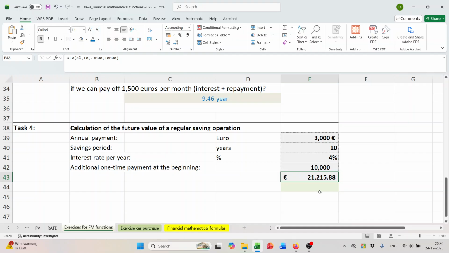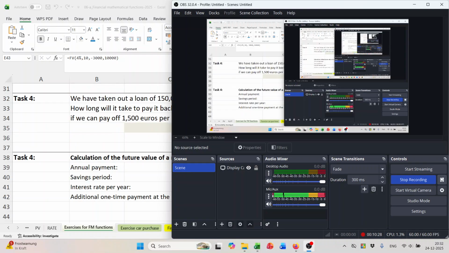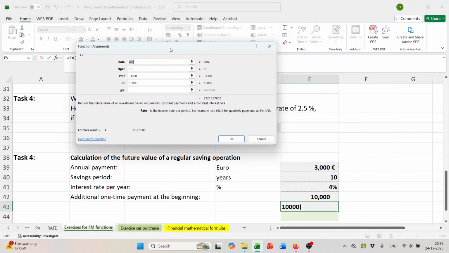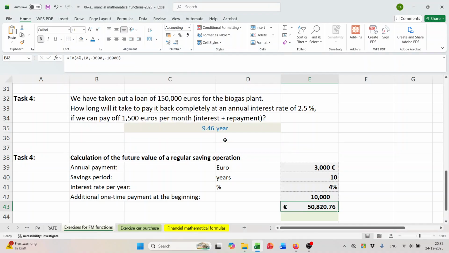Okay, so after 10 years there will be... and also the present value, this 10,000 euro, we had given it to the bank, so this money has gone away from us, so it should be minus also. So this will be our answer.